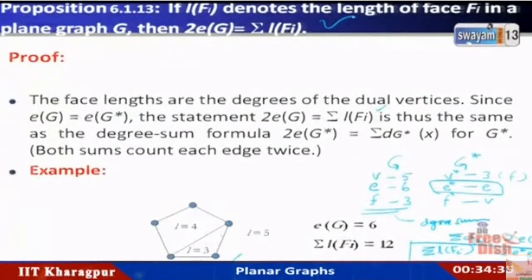So let us see the proof. It says the face lengths are the degrees, which we have already shown, of the dual vertices. Since E of G is the same as E of G star, the statement that 2 times the number of edges, as we have seen previously, is nothing but the summation of the lengths of all the faces, is twice the number of edges.